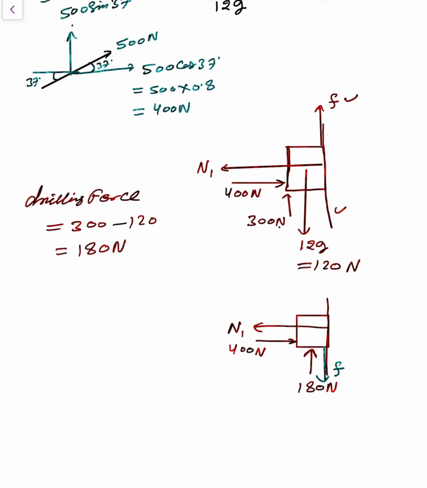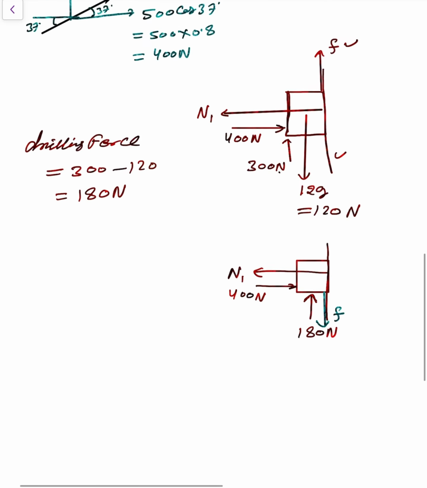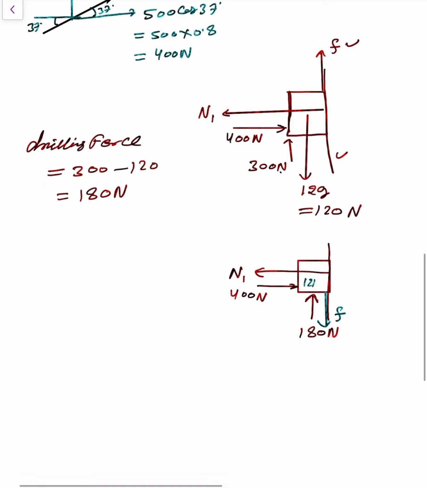Clear or not? Okay, mass is 12 kg, so here 12 kg. Clear? So what about n1? N1 is how much? 400 Newton. Okay, so basically frictional force works in this direction.